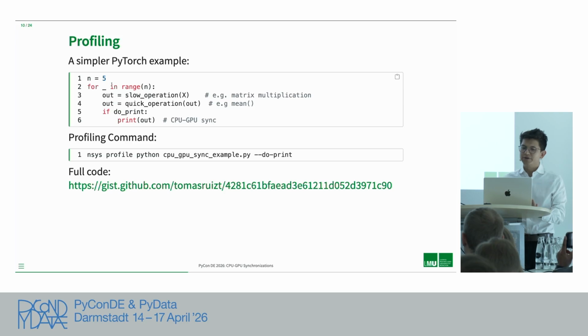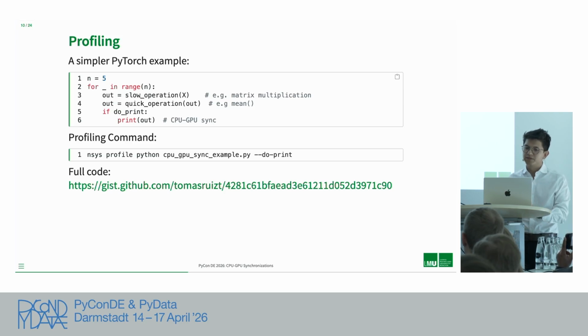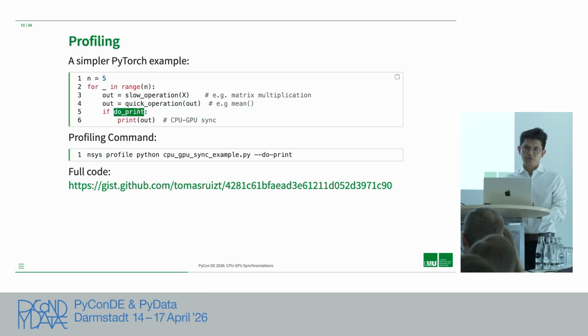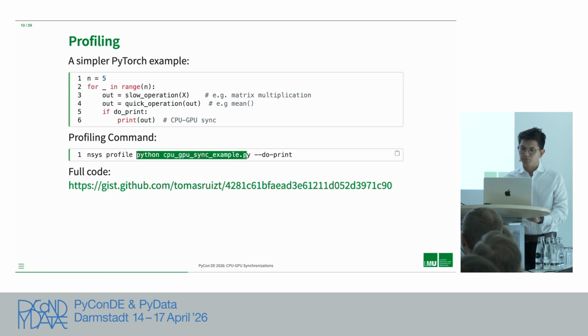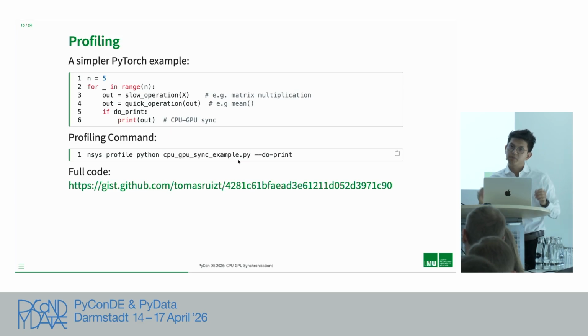In this simpler example, it's also a loop, consisting basically of a slow operation and a quick operation, and then an optional print, which either triggers the synchronization or, if we leave it out, there is no synchronization. If you have an NVIDIA GPU, then you probably have this nsys command available, with which you can create a profile. And this is the program that we're profiling. It's available on this GitHub gist if you want to try it out yourself, maybe later today.